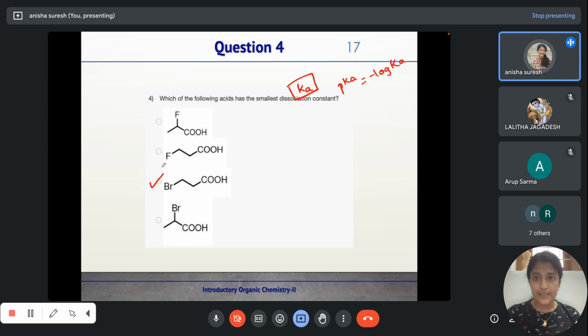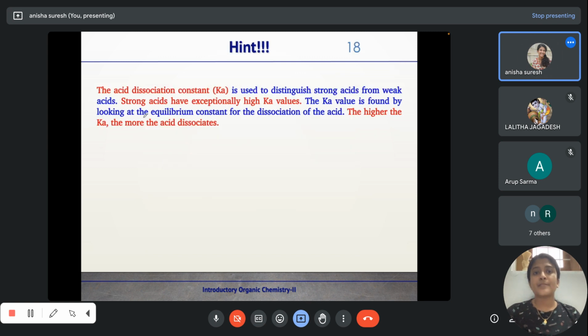So we will see first what Ka is once again. The acid dissociation constant Ka is used to distinguish between strong acids and weak acids. Strong acids will have higher Ka values.